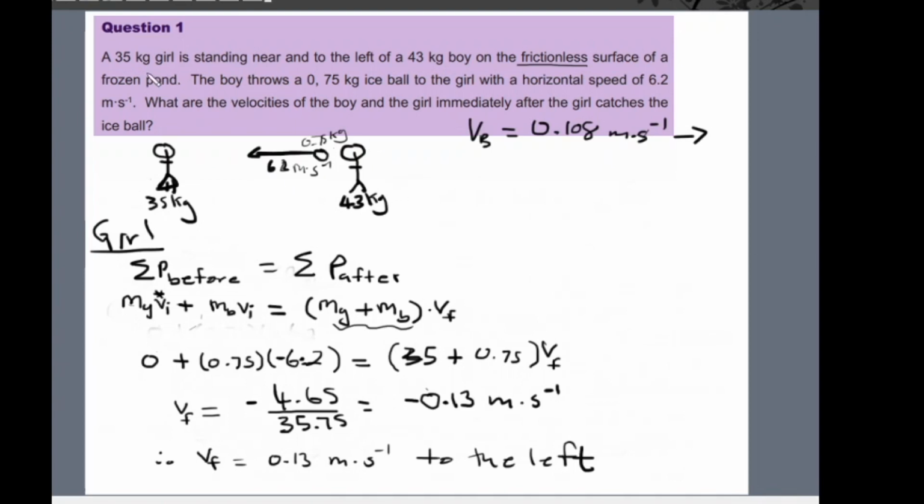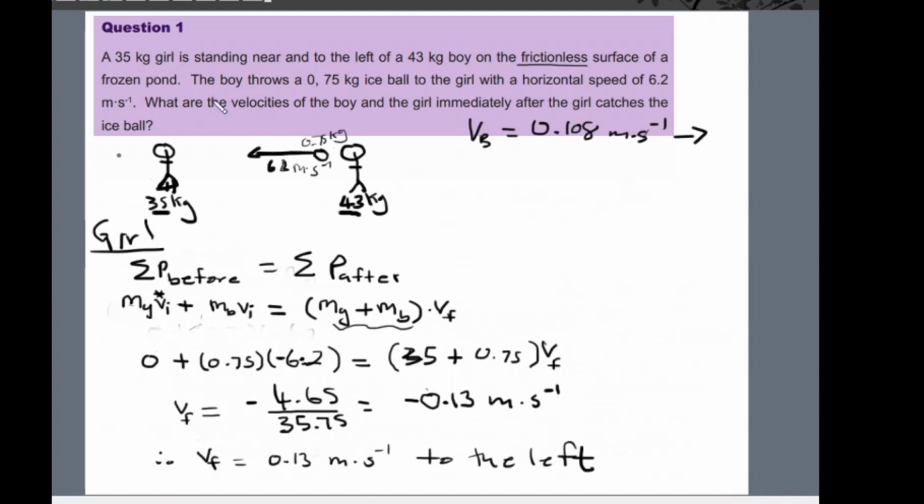It was blank for me, so I drew the scenario. The 85 kg girl is standing to the left of a 43 kg boy on a frictionless surface, right? I try to visualize that situation, okay?